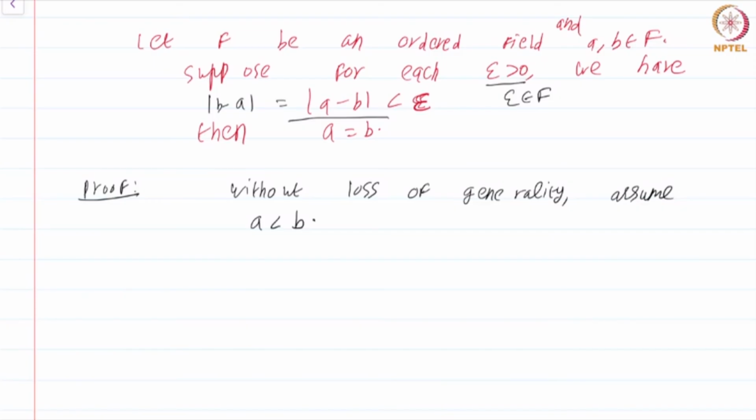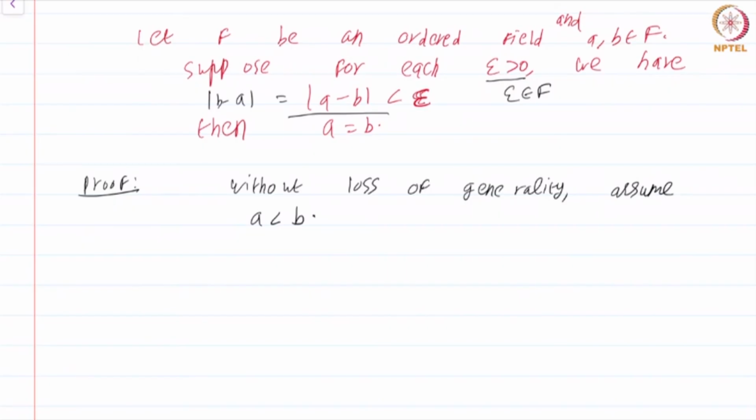That means if I assume b less than a, I will also get a contradiction, which leaves the only possibility that a has got to be equal to b. When you are making a proof by cases, but the proof of one case is actually enough to deal with all other cases, we use the term without loss of generality. Even though you are making an additional assumption, it does not impact the validity of the proof for all the cases at once.